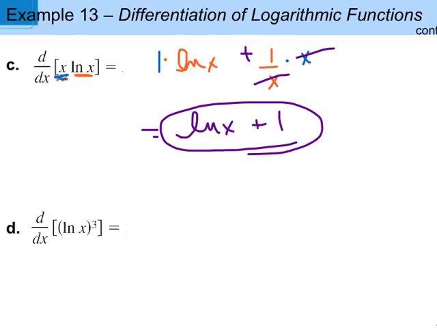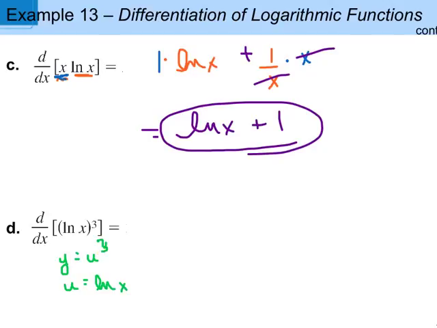Okay, next problem. This one's a little bit different. You can think of this in a couple of ways. First, I'll write it out the longer way, where the function here, y equals the natural log of x cubed, can be thought of as y equals u cubed, and then u equals the natural log of x. Do you see how if you put this in for the u here, you would end up with the natural log of x cubed?